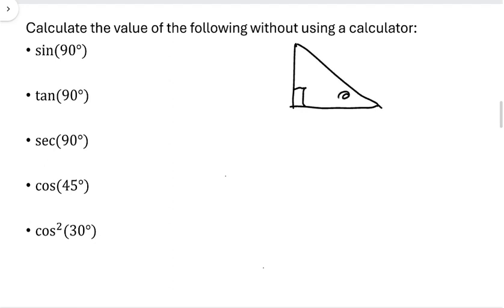So you have a 90 degrees here, and you have a 0 there. This is 1 and this is 1. This is 0, right? The side opposite 0 degrees is 0. This side here.